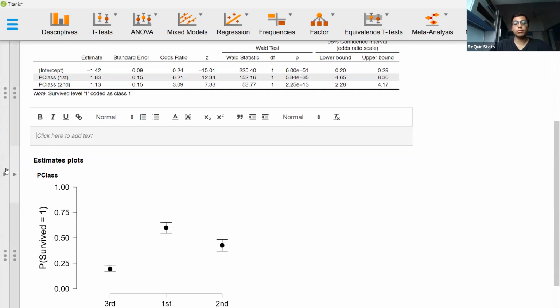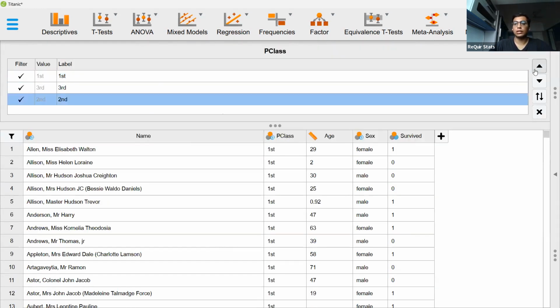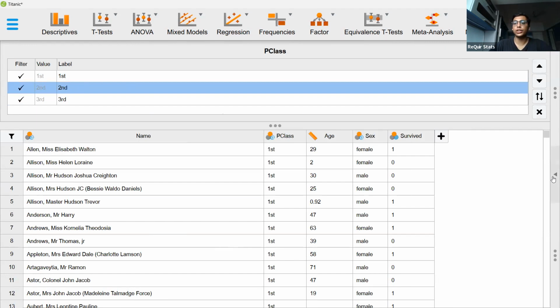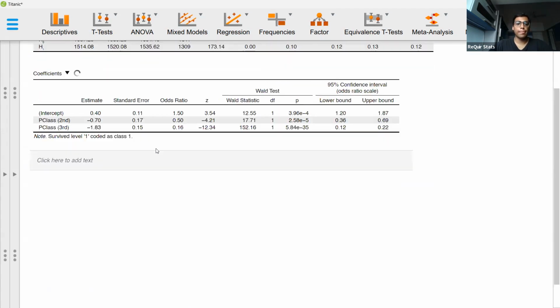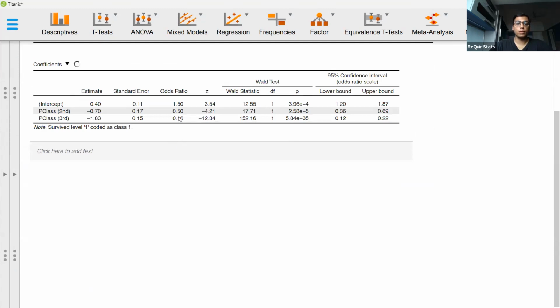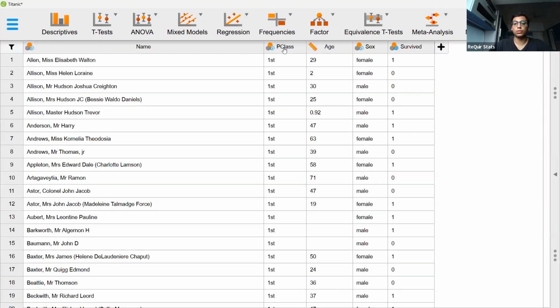You can also do that by dividing 1 by those odds ratios. So if this was what we had initially for the first class, 1 over 0.16, you would actually get the odds ratio if the third class was the reference class.